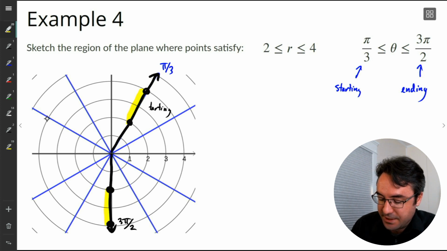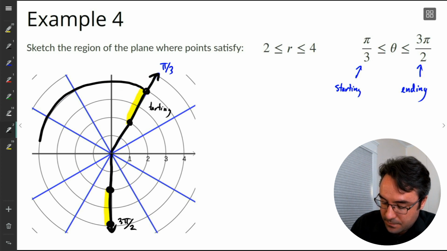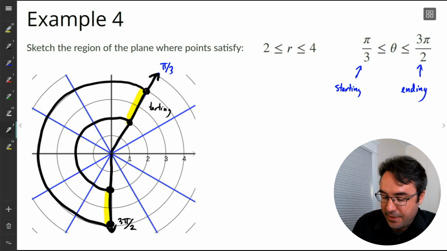And so when we trace that out, the r equals 4 is going to give us an outer circle. The r equals 2 is going to give us an inner circle. And then we're tracing out this region that's in between.